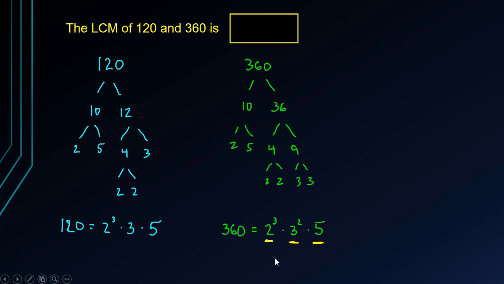And therefore, when I do my LCM, it's just going to be 360. And this stands to reason again because 120 is a factor of 360. So sometimes one of the numbers can be the least common multiple. It's the same thing as with the greatest common factor: if you have two numbers, one of the numbers could be the greatest common factor as well.